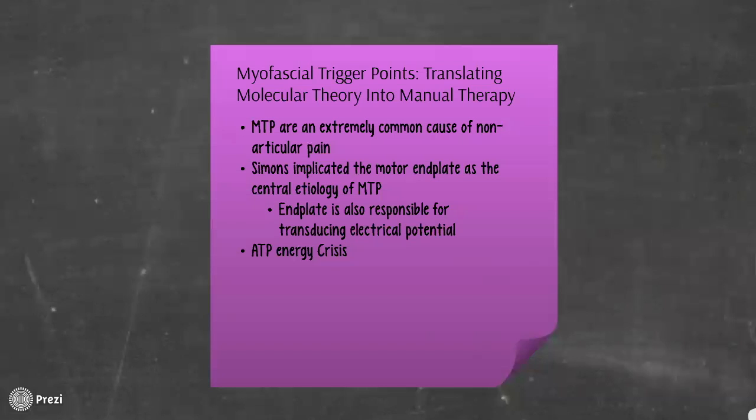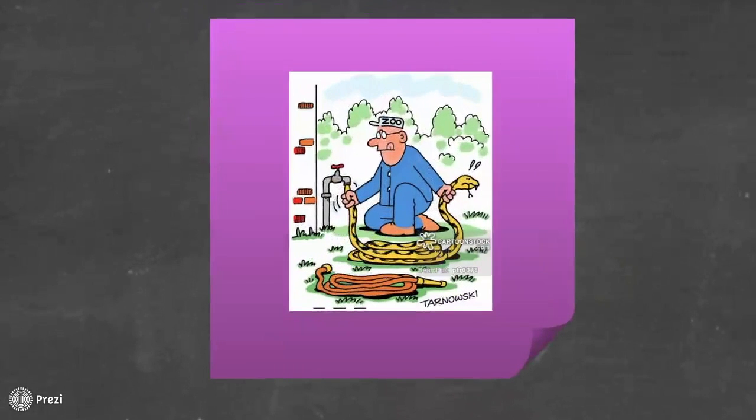Motor end plates that are dysfunctional but still produce muscular contractions lead the way for this ATP energy crisis. This causes both sensory as well as autonomic reflex arcs, as well as central desensitization. So you end up again with these myofascial trigger points that just do not feel good at all.